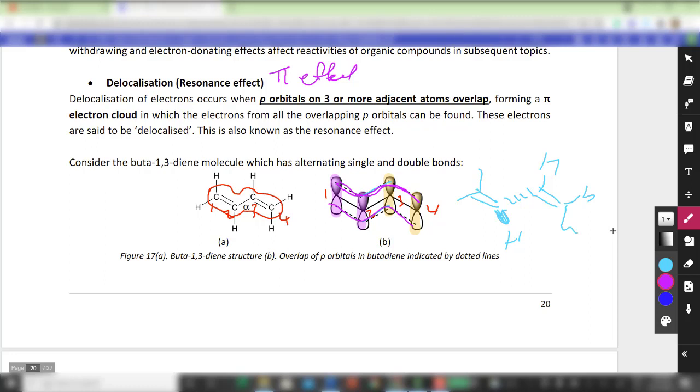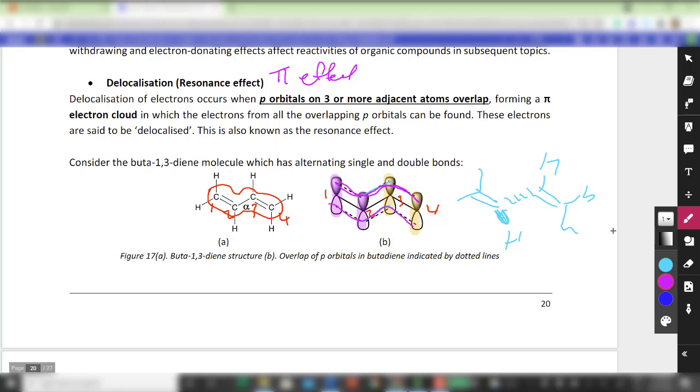So if you just want a very short snapshot summary, in most cases the pi effect has a stronger and more domineering effect than the inductive effect. So if the two effects are at odds with each other, then usually the pi effect will dominate.